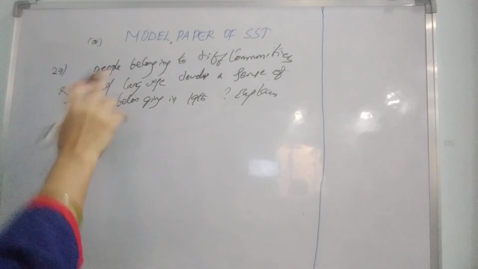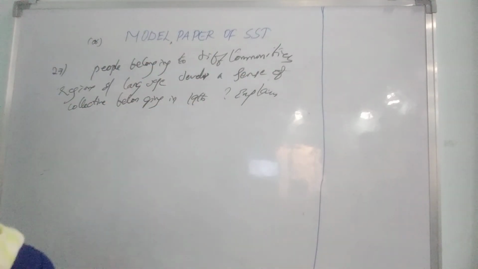Okay, our question is, how did people belonging to different communities, regions and language groups develop a sense of collective belonging in the 19th century in India?